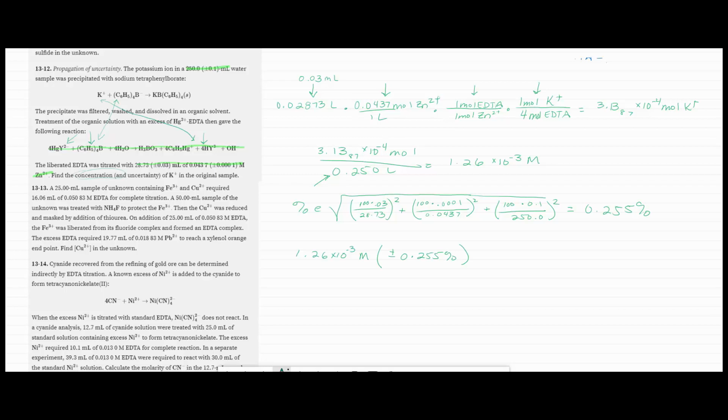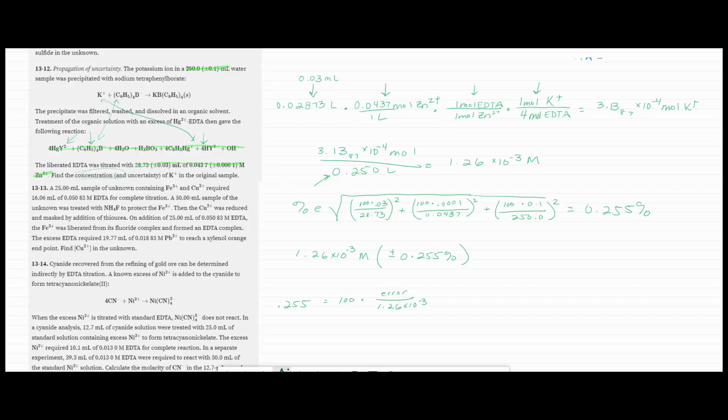Remember, the percent is going to be equal to 100 times the error divided by the value. So in this case, the percent is known, 0.255. The value is known, and that's 1.26 times 10 to the negative 3. And what we need to solve for is the error.